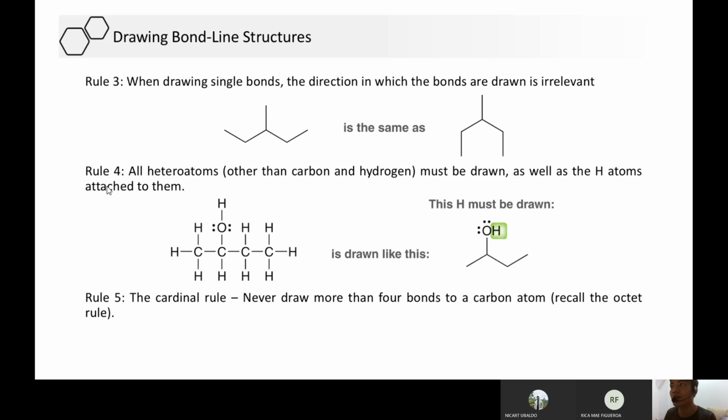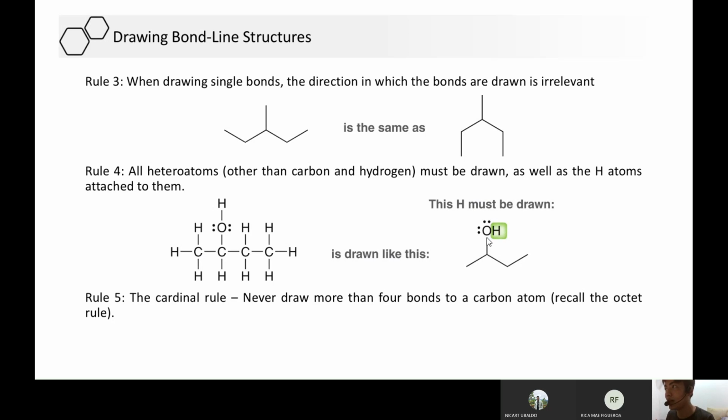What else? Rule number 4. If we have heteroatoms, that's the meaning of it. Hetero means different. So if there are different atoms, meaning atoms other than carbon and hydrogen, you should draw them. For example, the OH. You will not draw it as just a line.